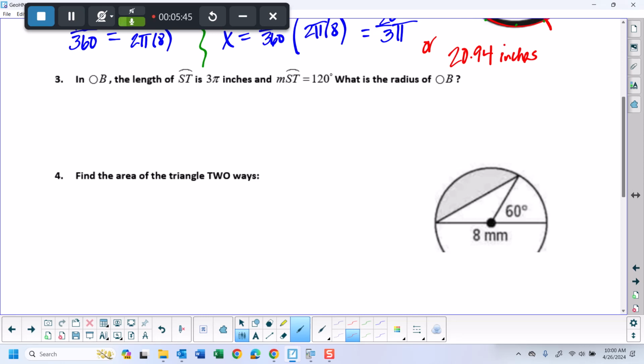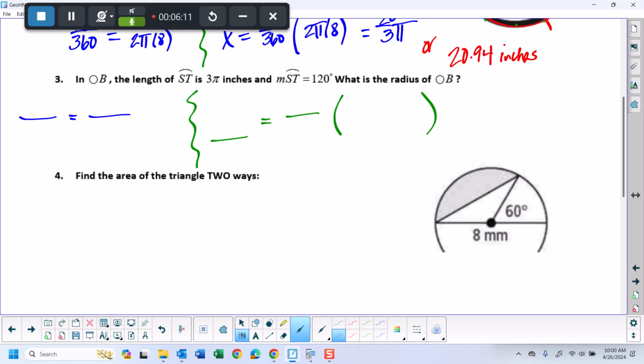Where we go from here, you need to decide: is this easier written as a proportion, or is it easier written as an equation where I know something is a fraction of something else? So let's fill in our values, see where our missing value is, and make a choice on how we want to solve it.